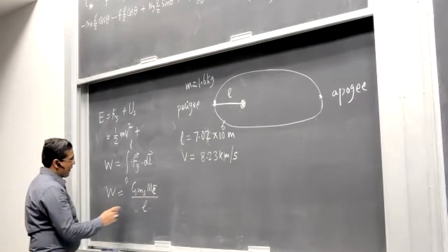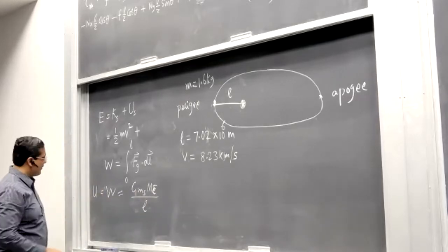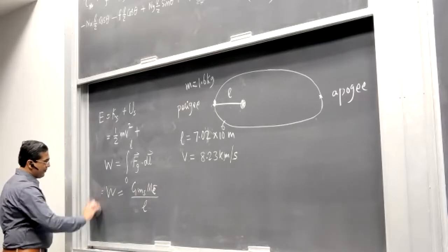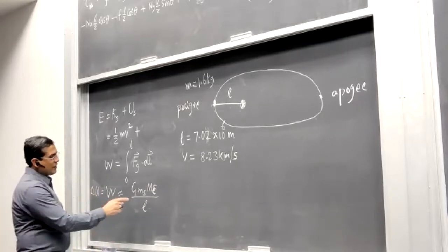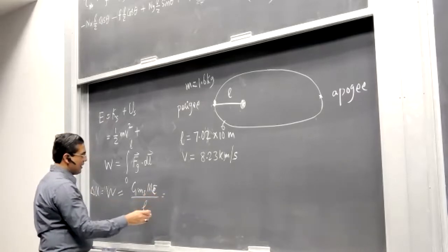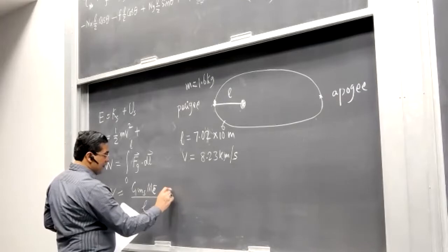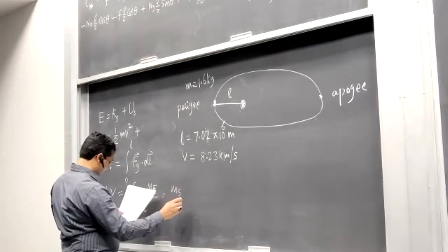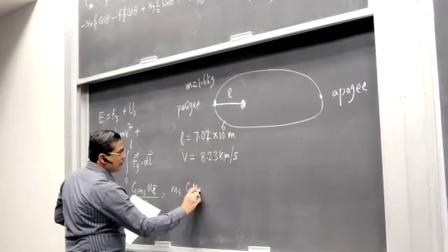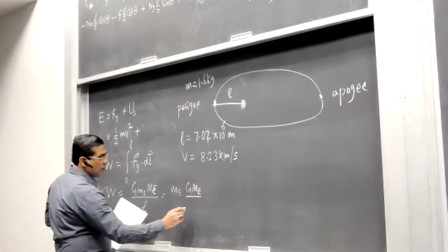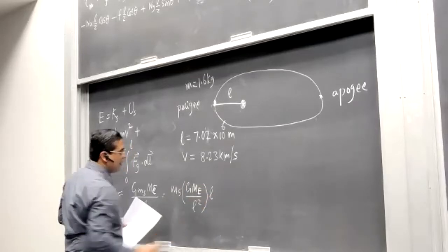And if I could simplify it, I could also write it as M_S times G M_E over L squared, into L.